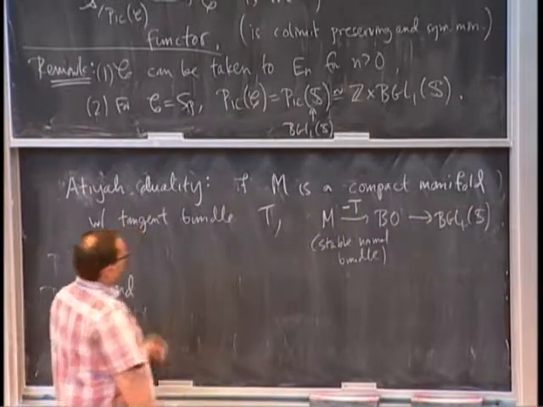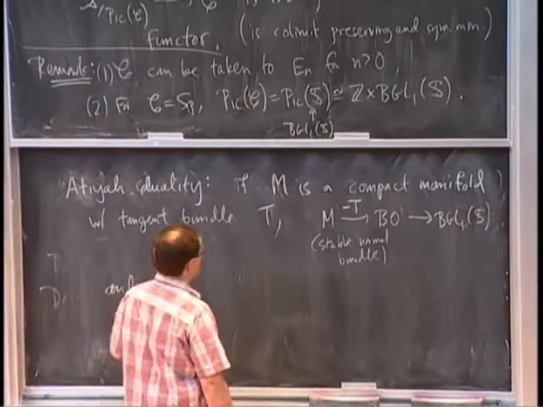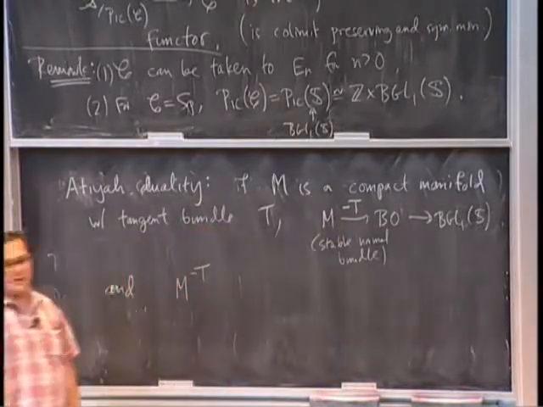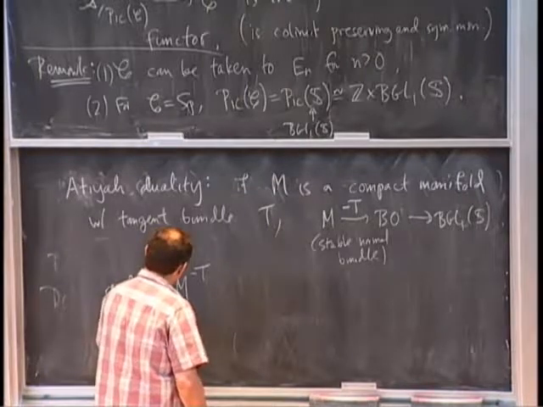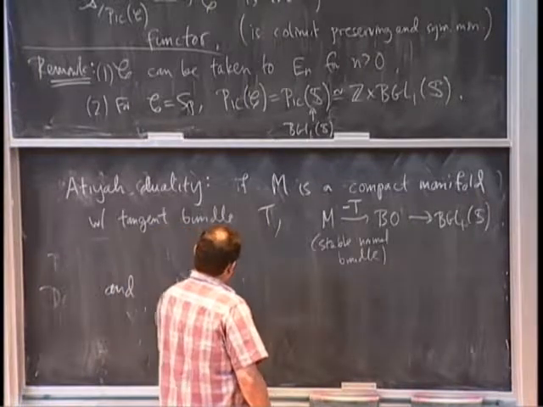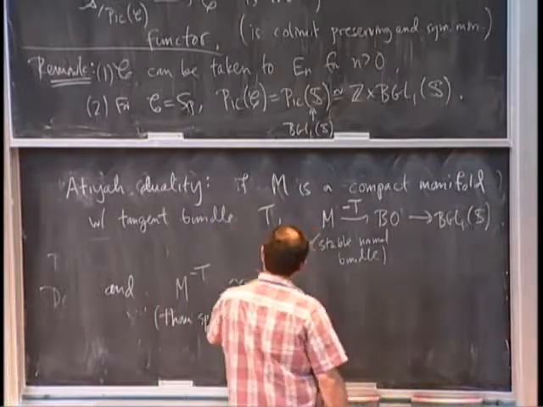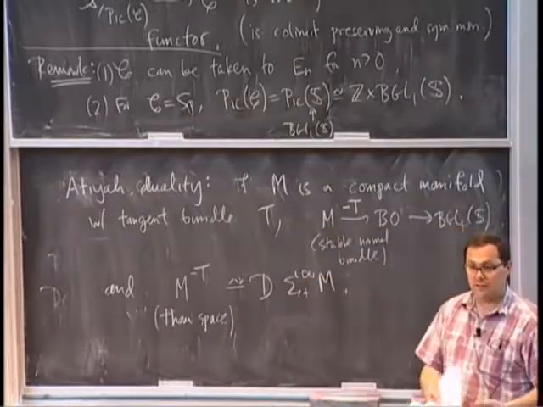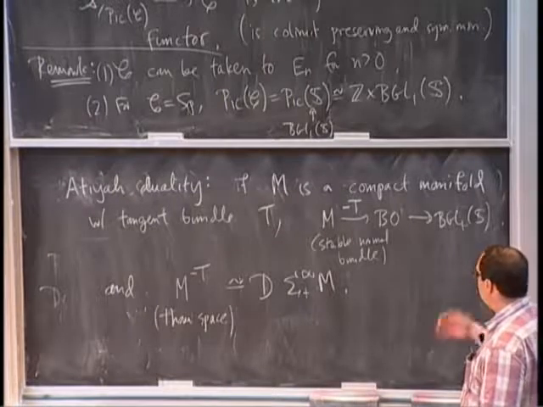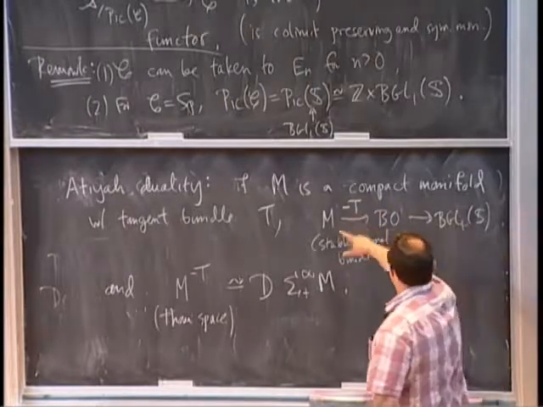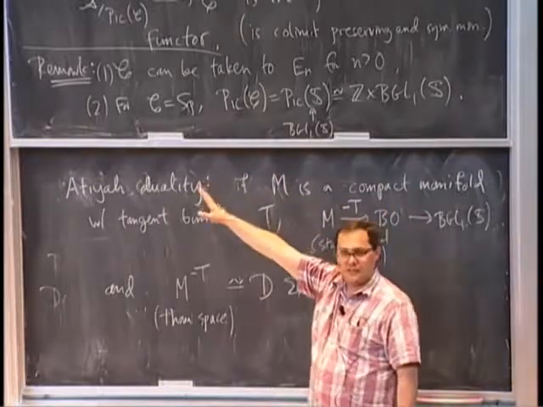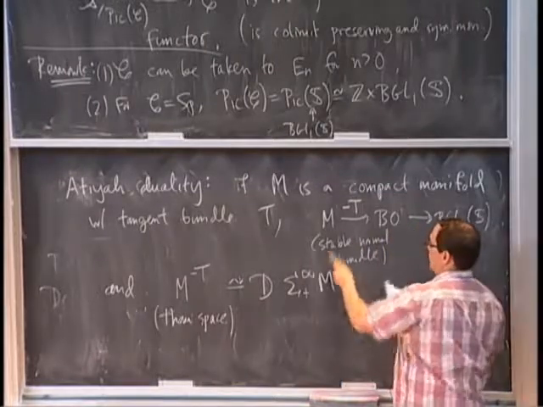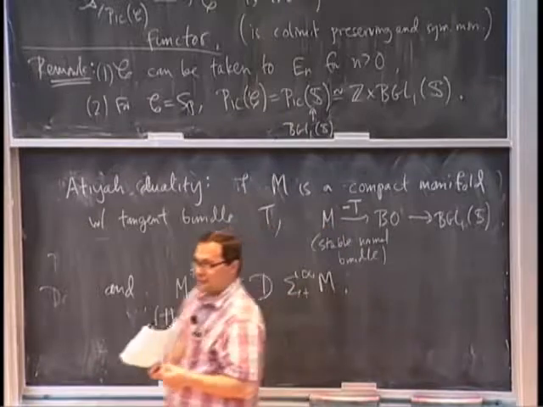And the Thom space of this, I'm going to write it as M to the minus T, the Thom space of this map, is, as is well known, the Spanier-Whitehead dual of the suspension spectrum of M. But this actually follows formally from this abstract machinery and the fact that, since M is proper over a point, I have a dualizing complex.